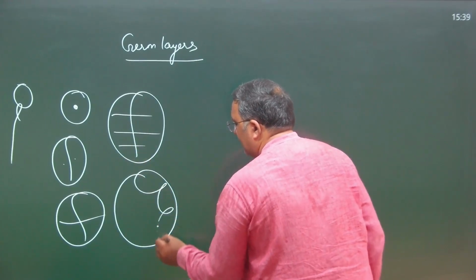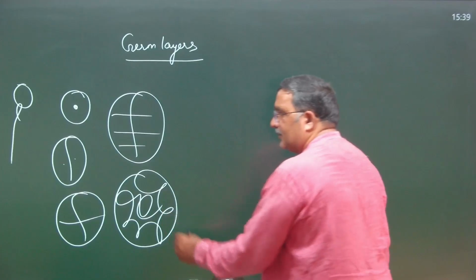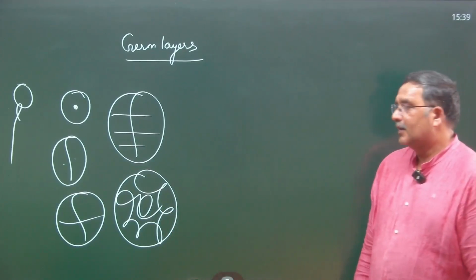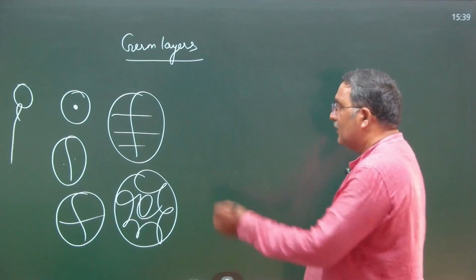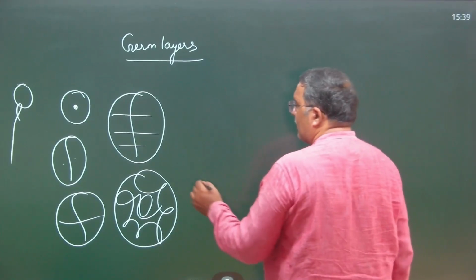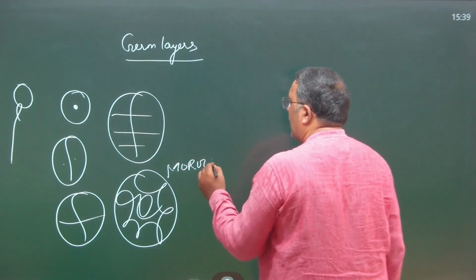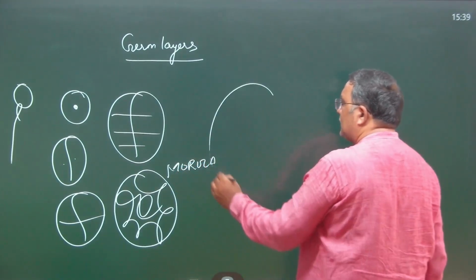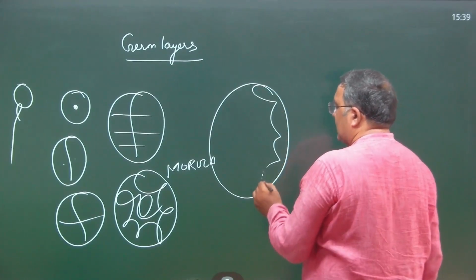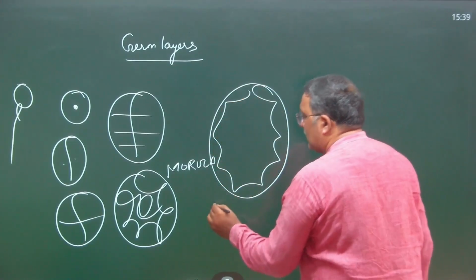Likewise, a structure called morula forms. No need to remember the names here; for continuation, this is the morula. The stage we call morula soon transforms into a structure called blastula.